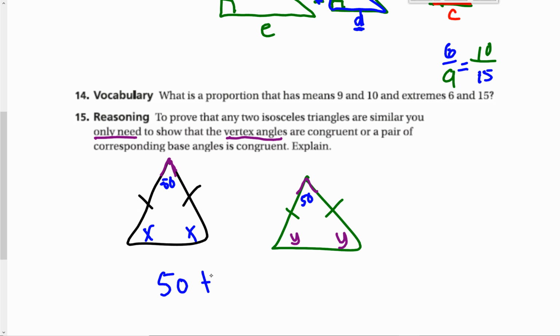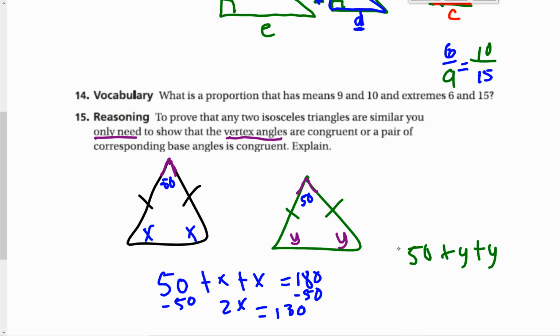plus x plus x equals 180, so that's 2x, and subtract 50 from both sides. So 2x equals 130. Well, if we do this triangle, I would do the same thing, except I would have y's here, right? So I add my two y's, I get 2y, and set it equal to 180. Oh, I switched it to x.